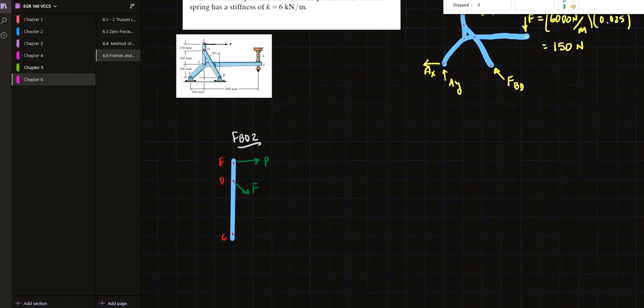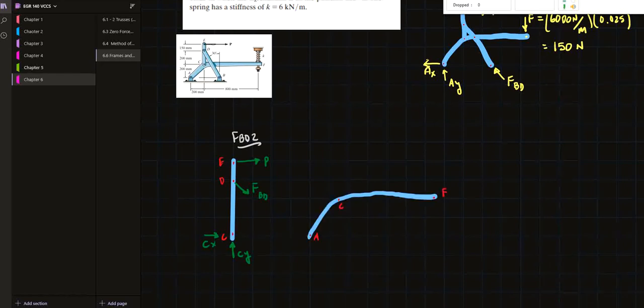So this has to be force BD, drawn in this direction based on how I drew the line over here. And this is our reaction over here at C, CY, and CX. They are pins, so I can draw those anyways because that's the first time I drew it.